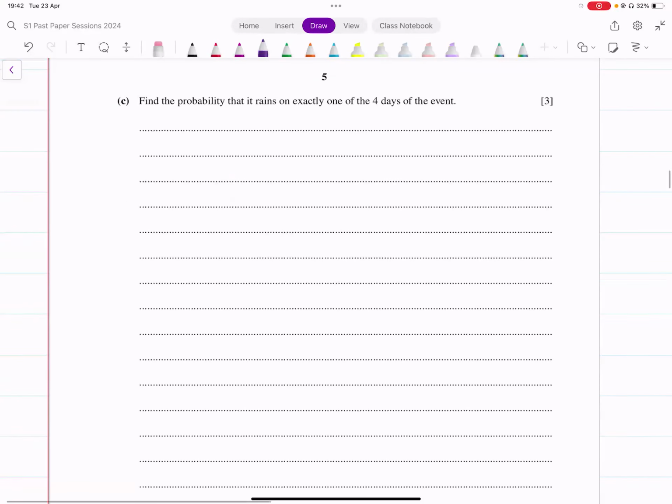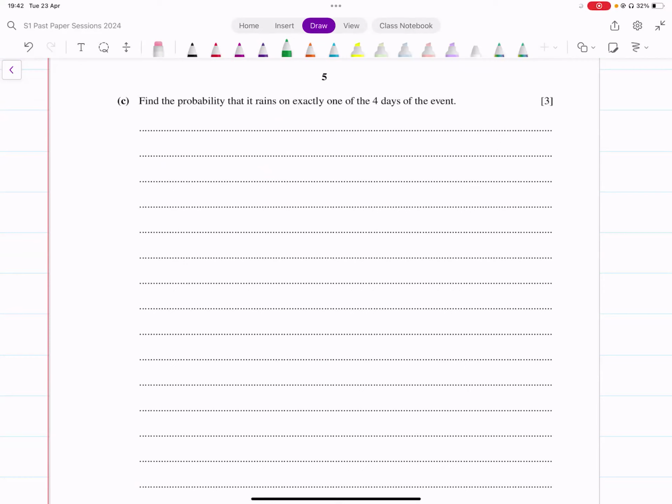Because that's not what we're looking for. Find the probability that it rains on exactly one of the 4 days of the event. If you take both possibilities, you just add both of them up and you will get the same result, right? So you can do that. Okay, now find the probability that it rains on exactly one of the 4 days of the event.